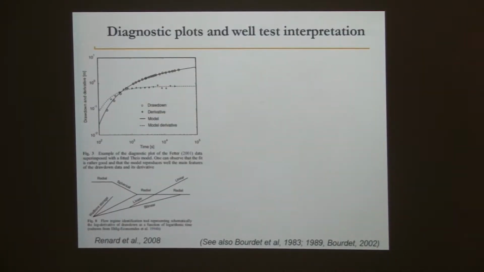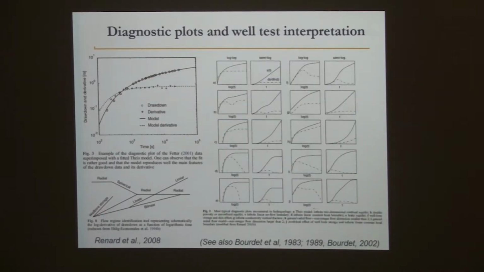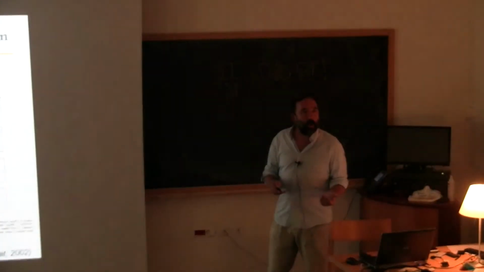For the pumping test, just to remind, there is of course the classical solution, but the diagnostic plot on well test interpretation, from a recent review paper by Philippe Renard in 2008, showed that for different cases you may have different boundary conditions and different properties of the medium.